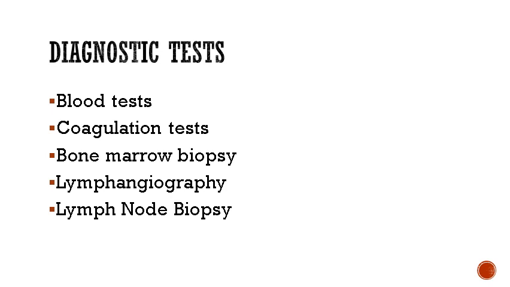Diagnostic tests. So blood tests, coagulation tests, bone marrow biopsies, lymphangiography, and lymph node biopsy. So I'm going to talk about these individually here. Blood tests that we're always looking at would be our CBC, so complete blood count, total hemoglobin concentration, which is our hemoglobin value, hematocrit value, and platelet levels.